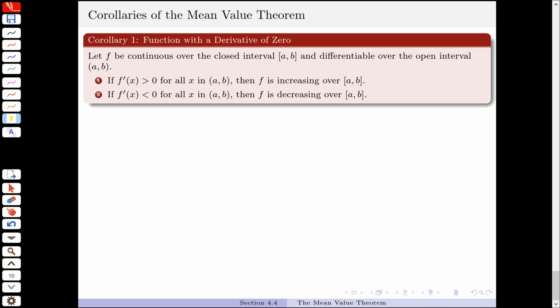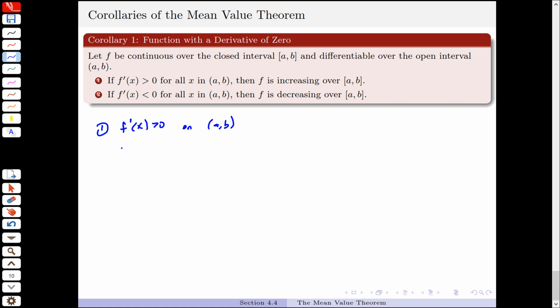So what we're going to do now is show this using the mean value theorem, not appealing to a graph. Again, we're starting with the conditions exactly necessary for the mean value theorem. f is continuous on the closed interval [a, b], differentiable on the open interval (a, b). So if I look at situation 1, assume that f prime of x is positive on (a, b).